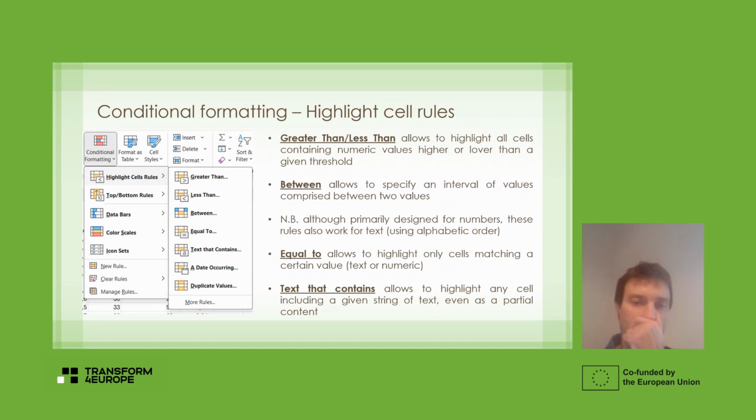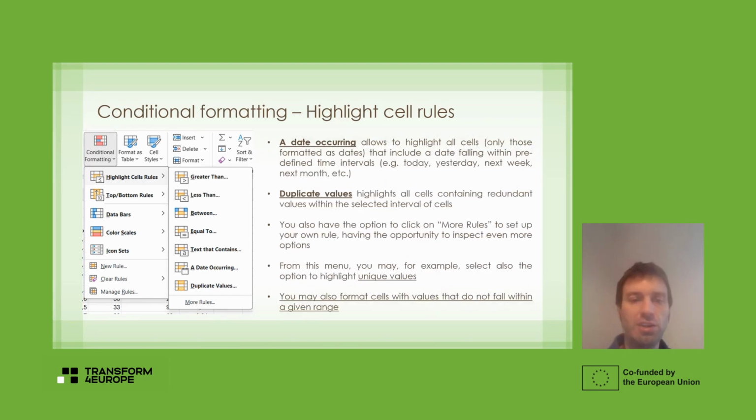Then you have other options. Of course, you have the opportunity to sort by date, okay? You can select a given preset of time. So for example, all the dates that fall within the next week, next month, today, yesterday, and so on. This is kind of helpful when you're dealing with deadlines, for example.